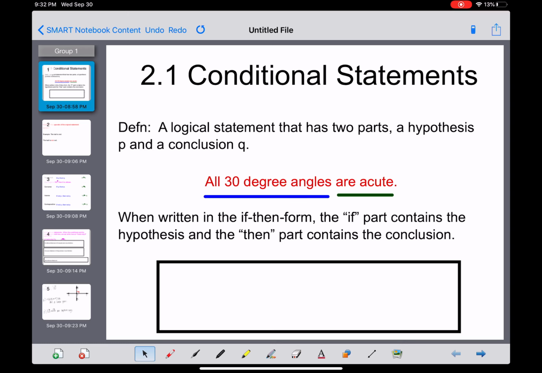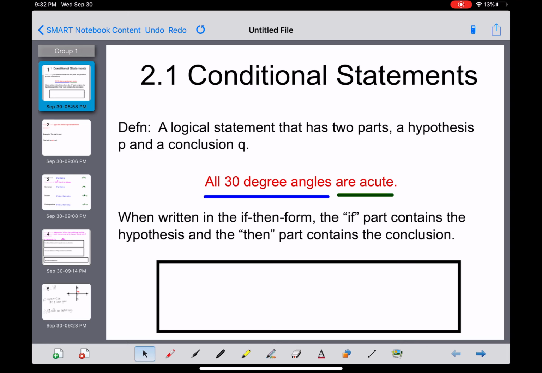So, this first lesson is called conditional statements. A conditional statement is a logical statement that has two parts. It has a hypothesis, P, and a conclusion, Q. So most statements can be written as conditionals in the if-then form.